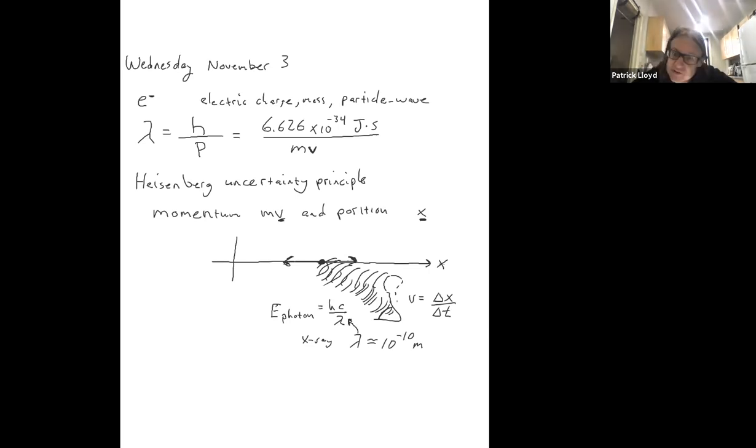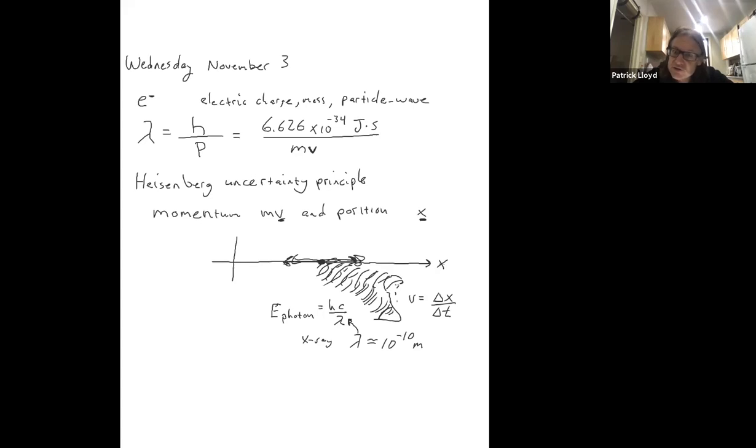So what happens is you're sending these X-rays and they're going to move the electron. They're going to change its position. And if you change its position, you're also changing its velocity, by the way, right? So you have this conundrum. You want to measure where it is and how fast it's moving.